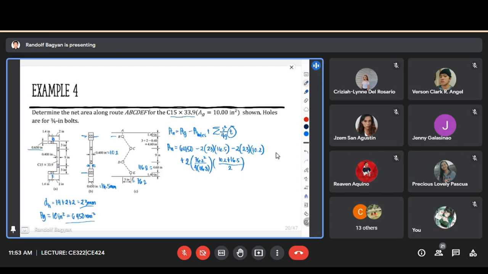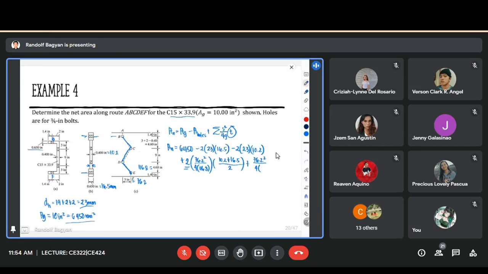Okay, and then we have another stagger effect, the one in the middle from S to G. Let's consider the two of these, that is BC and DE. Okay, we still have CD. Plus S squared, that's 3 inches or 76.2, divided by 4 times the gauge.